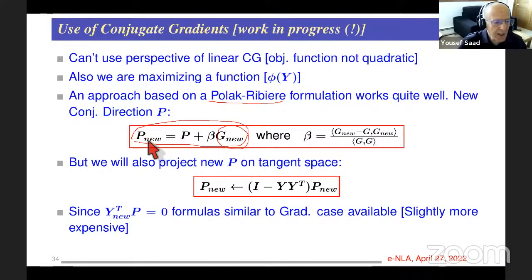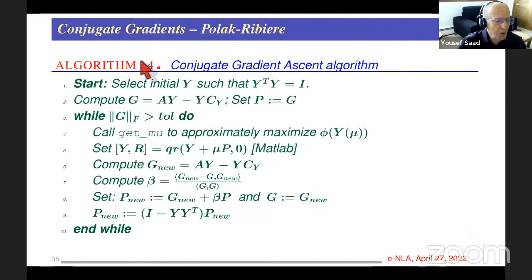I don't like to use iterates as indices here. This is the new gradient, and this is the new P, and the old one was without the index. So you get the beta from here, you update this way. The only thing I had to add is to project back the gradient using this projector. So you do this and you project it back, and that's it. The rest is essentially a straightforward conjugate gradient approach with the framework I have set with this G.